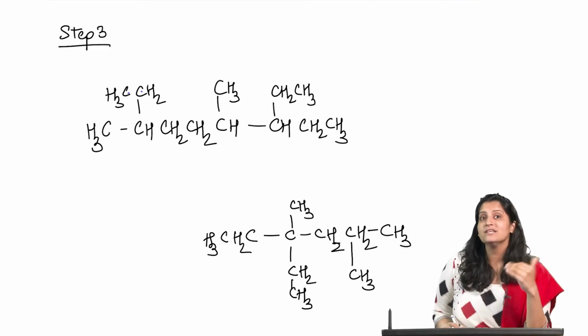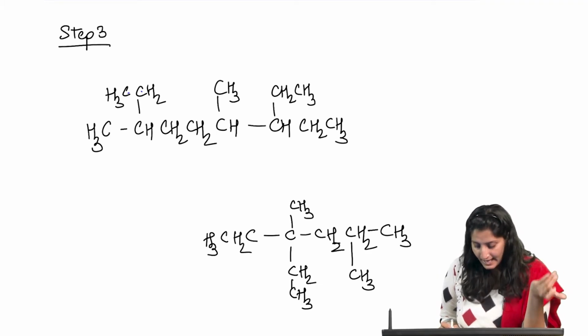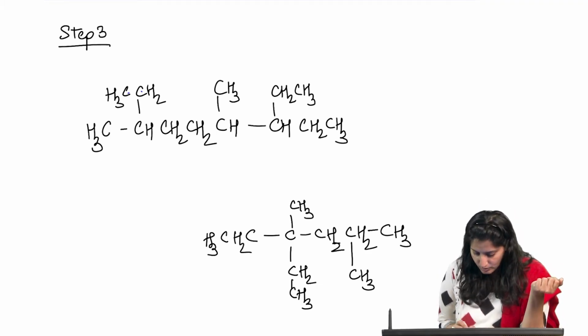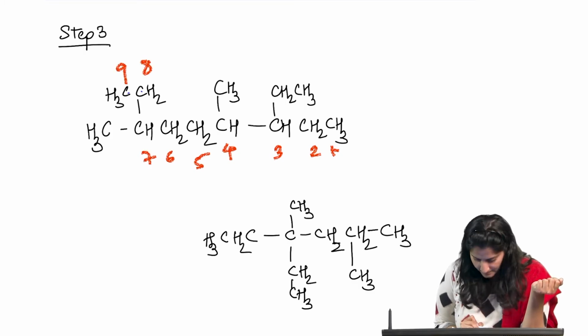Okay. So, now let us try to solve this particular problem. In this case you have 9 as your parent chain. So, in fact you can start from here, which will give you 1, 2, 3, 4, 5, 6, 7, 8, 9. Okay.